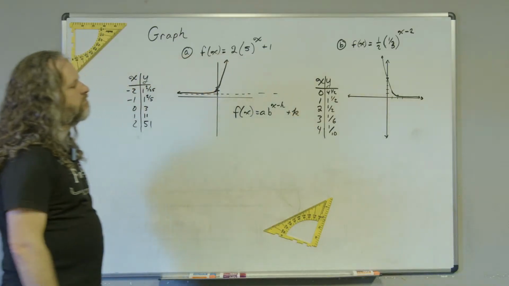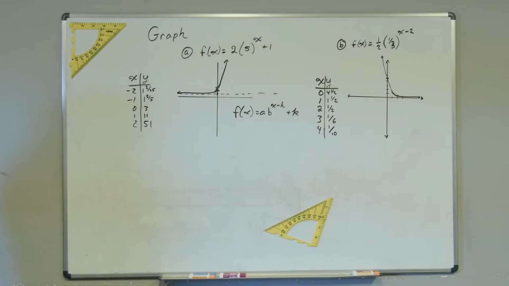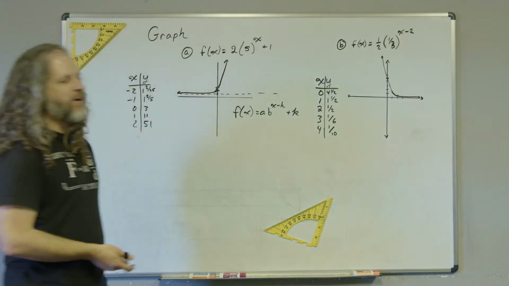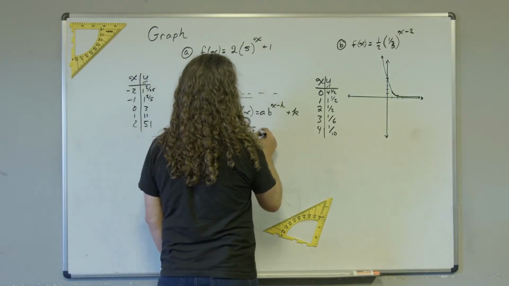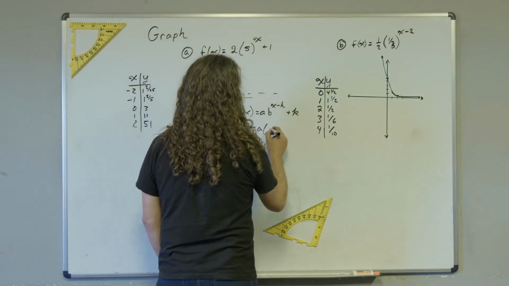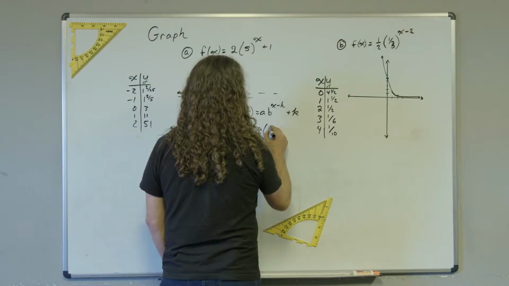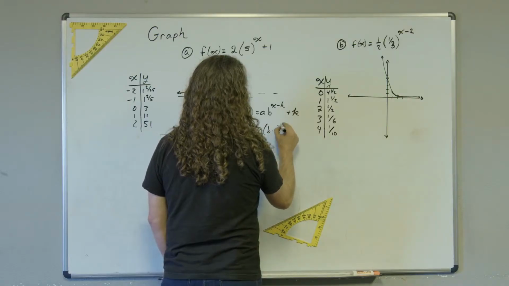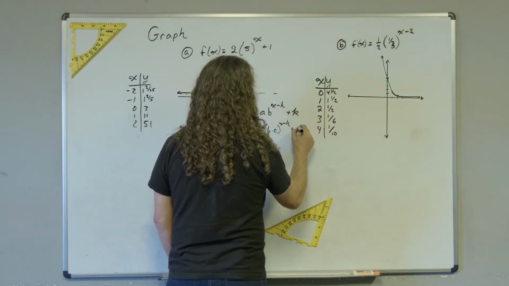I think it's the B. The B doesn't have anything to do with horizontal or vertical compression. It has to do with whether it's growth or decay. We could make a horizontal compression by modifying our function to something like B times C to the x minus h plus k.